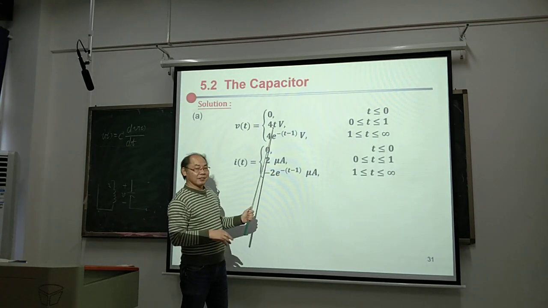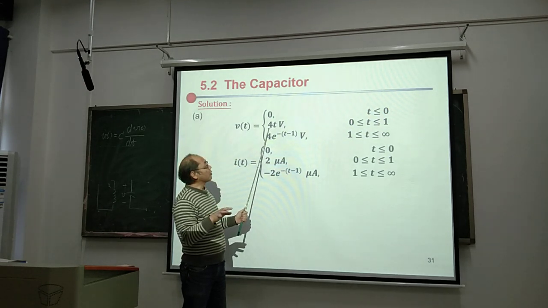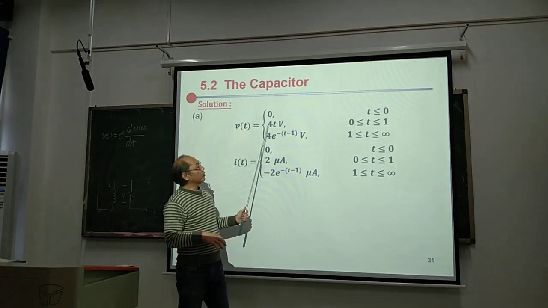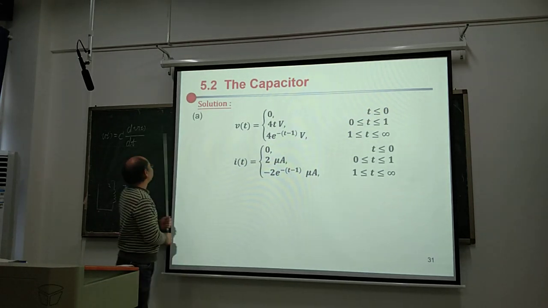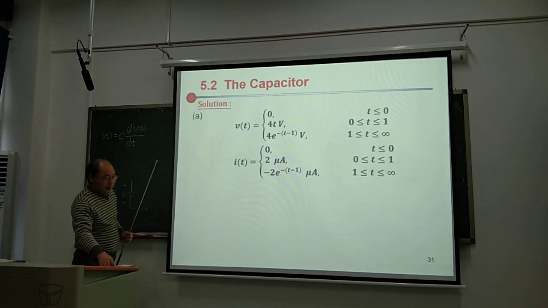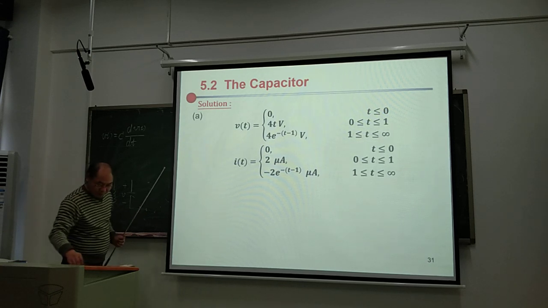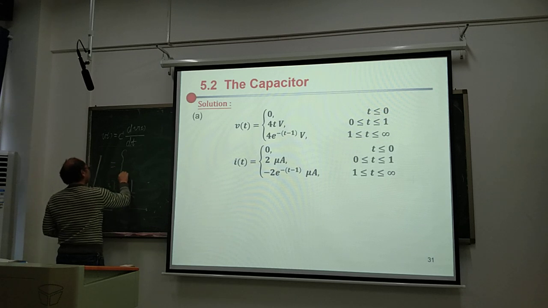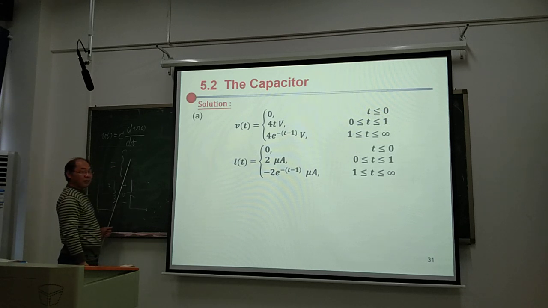And the second part, 4 times t. So in this way, i equals, we can separate it into three parts.